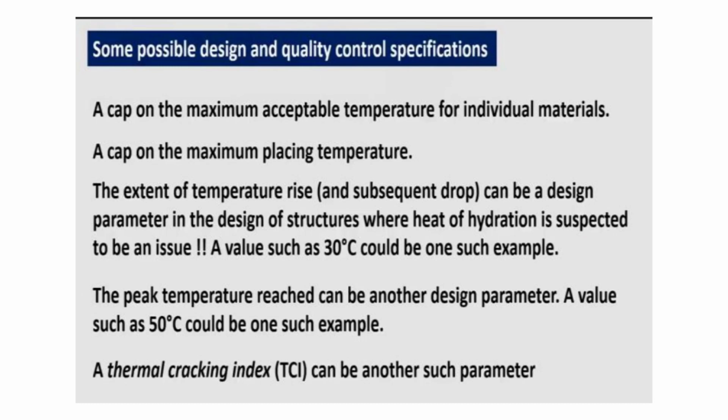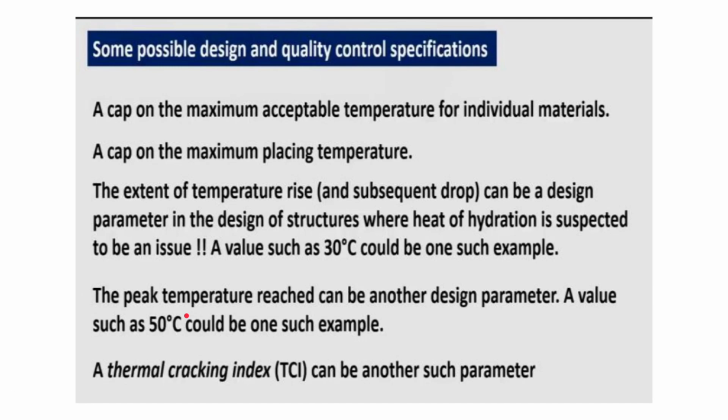The peak temperature reached can be another design parameter, a value such as 50 degrees centigrade could be one such example. So an extent of temperature rise by 30 degrees centigrade is an issue, and the peak temperature as high as 50 degrees centigrade can also be one of the parameters.